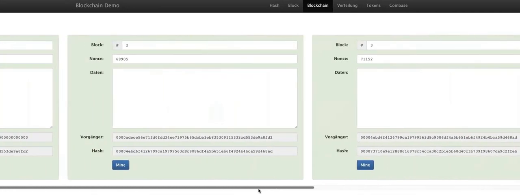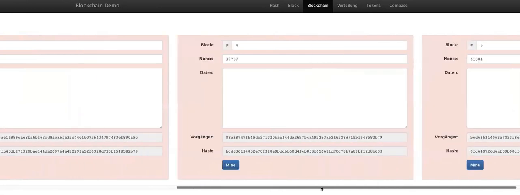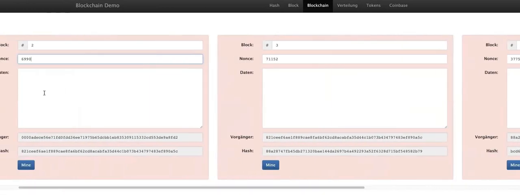And now let's go back and see what happens if we try and change anything in the previous block. So for example, messing with the nonce will turn all other blocks following in the blockchain invalid. Why is that? Because our hash down here has changed, and thus our previous hash in the following block has also changed, and it's not matching up anymore with what the block used to say. So we basically need to mine it again.